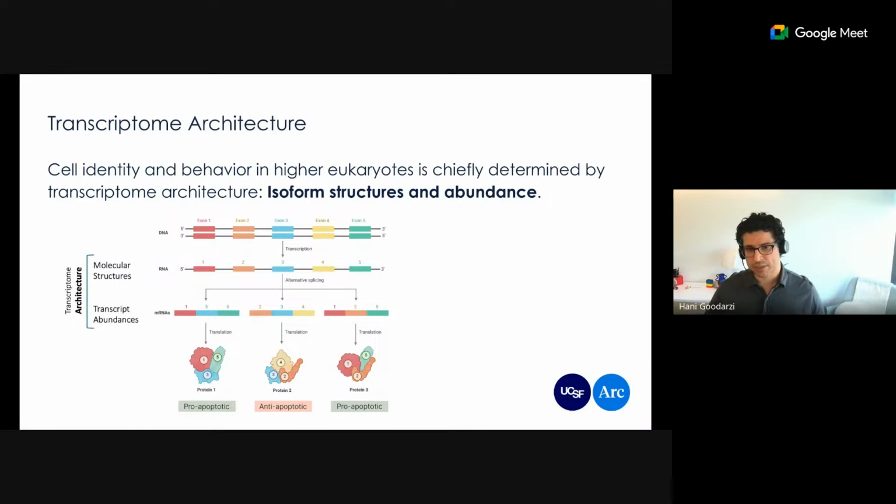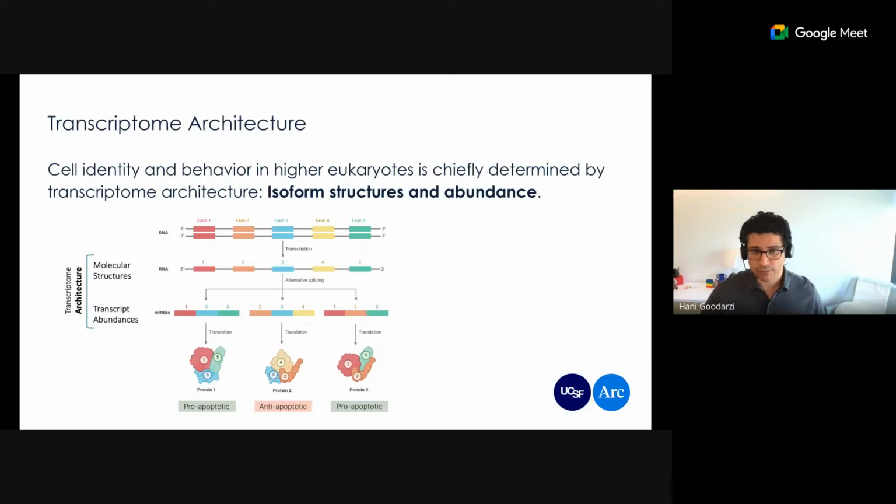One of the ways that we get a lot of complexity out of the genome is alternative splicing, which is how these exons are put together to create variations of coding sequences. The resulting proteins that come from a gene can be different depending on which exons are included or excluded, and as a result they can carry out different functions.